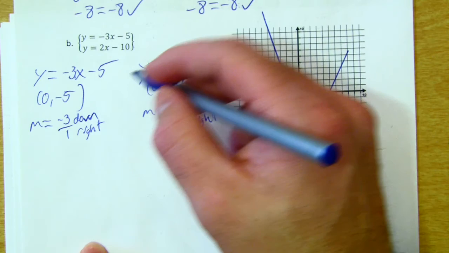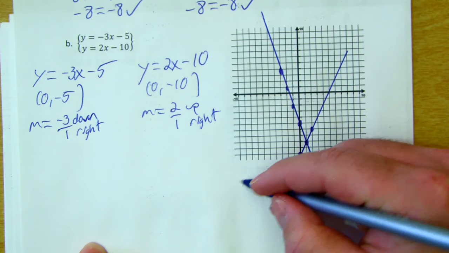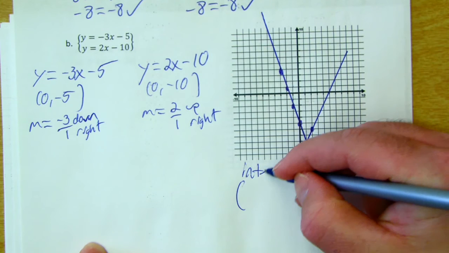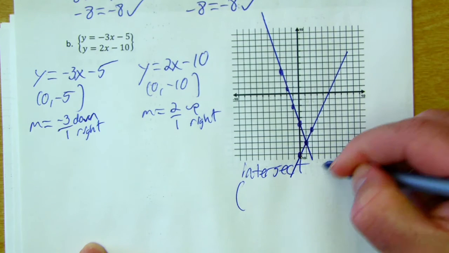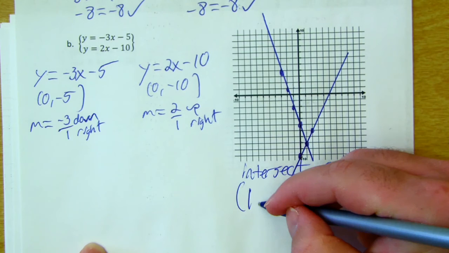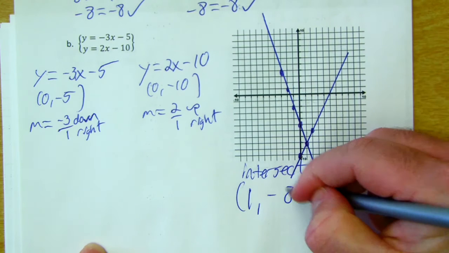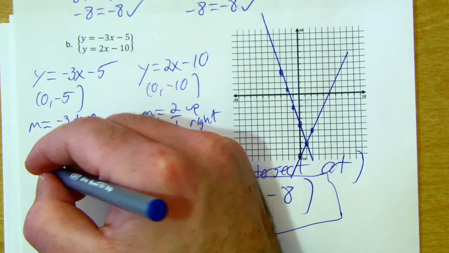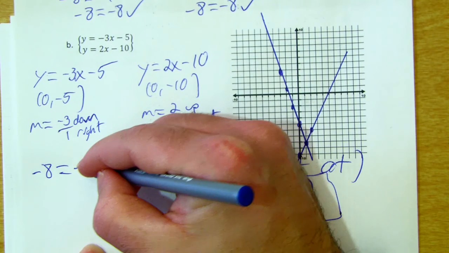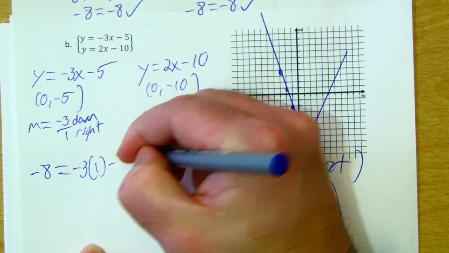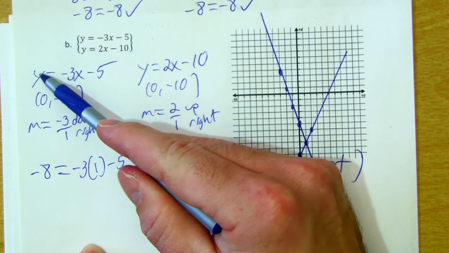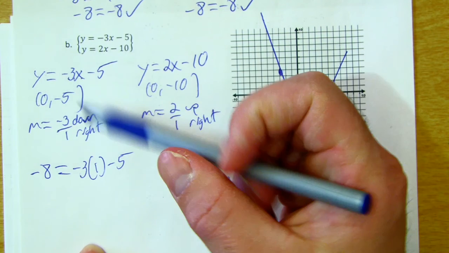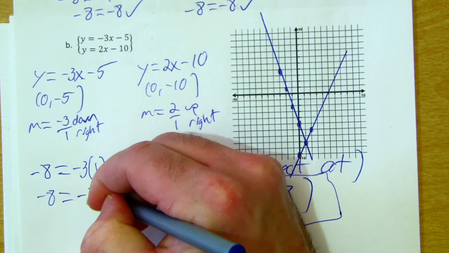All right, so we substitute, again, so that's my solution, 1, -8. That's where they intersect. That's my solution. If you want to check it out in both of these, you can. I put -8 in for y, 1 in for x, so I get -8 equals -3 minus 5.